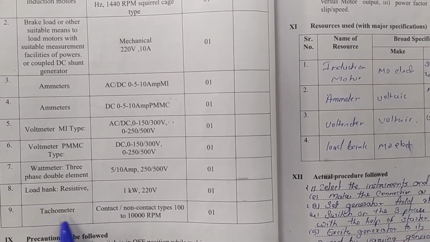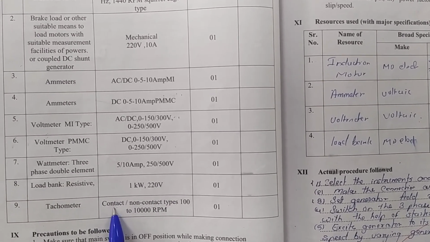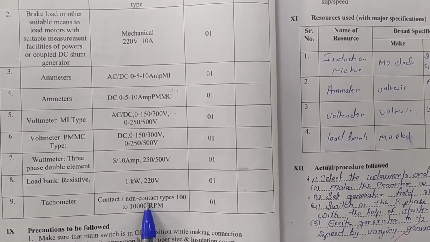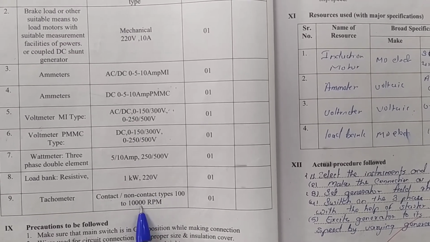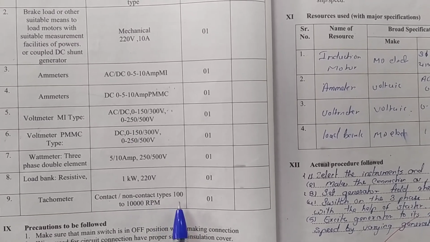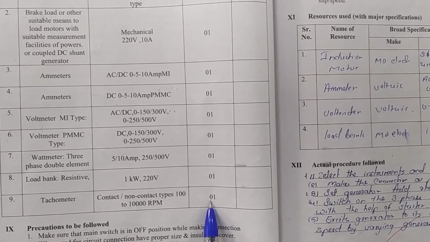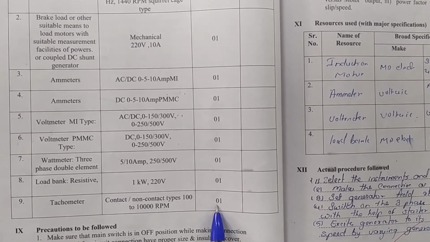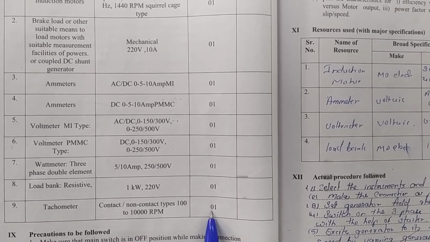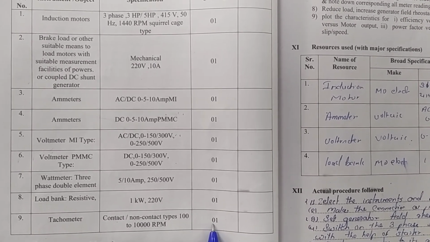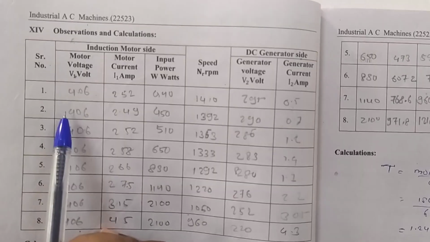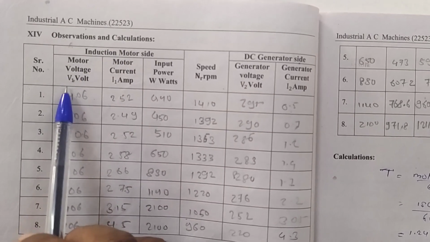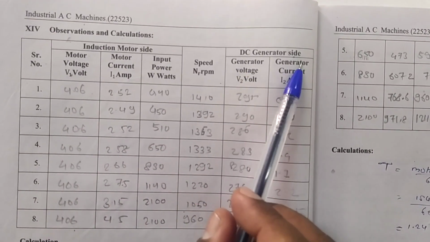And a tachometer, which you can use either contact type or non-contact type, with a high range of 10,000 rpm, required in one quantity. In this case we are using a non-contact type, meaning a laser type digital tachometer. Then observation and calculation: induction motor side and DC generator side.